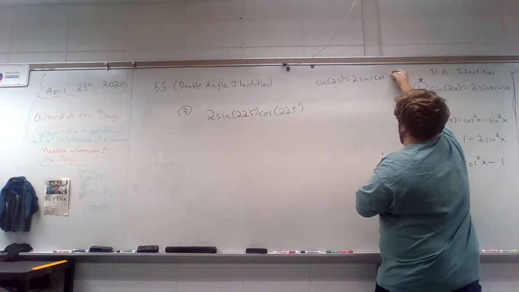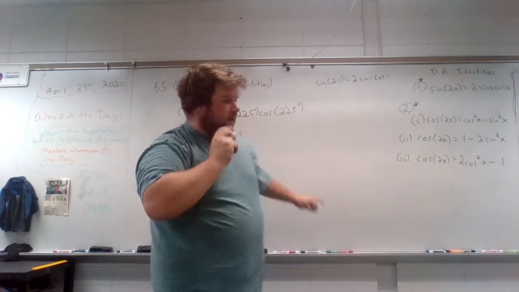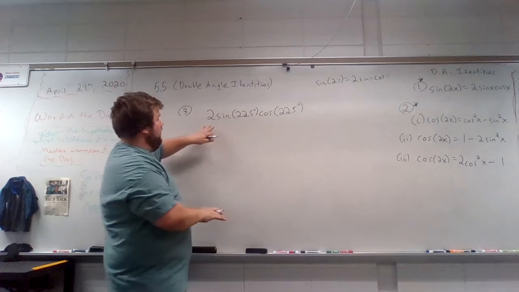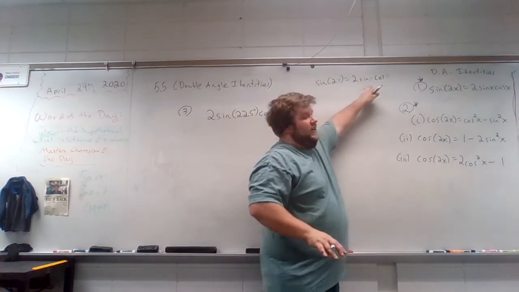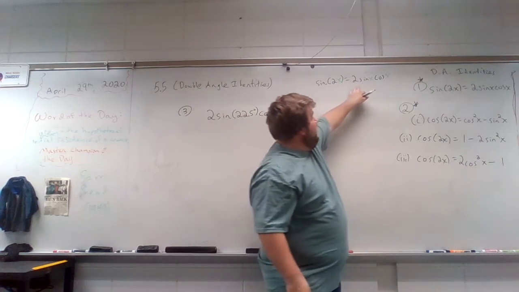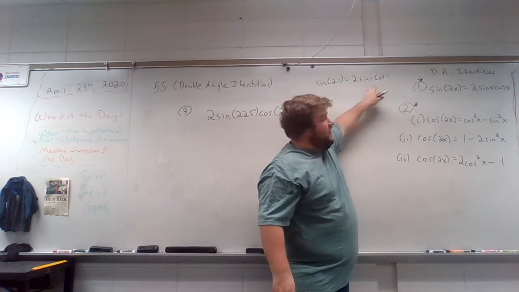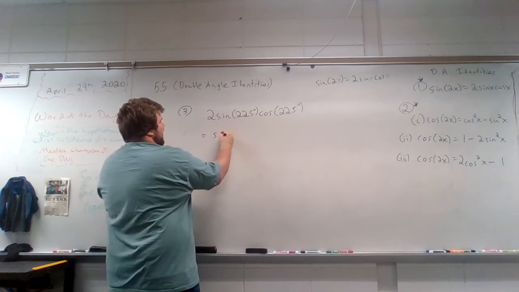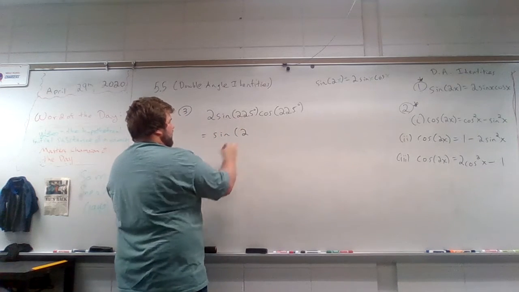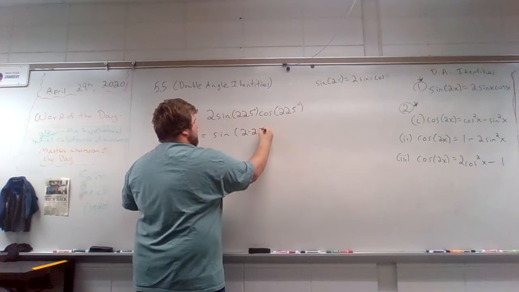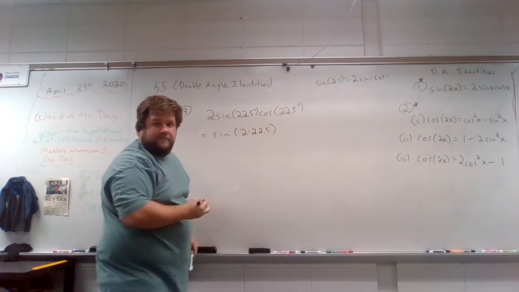What's our value for x here? First thing you should do, and you will see some tricky ones later on, but this is really the same as the right-hand side, except that x is 22.5 in this case, right? So when I'm using this identity, this is really equal to sine of 2 times 22.5.